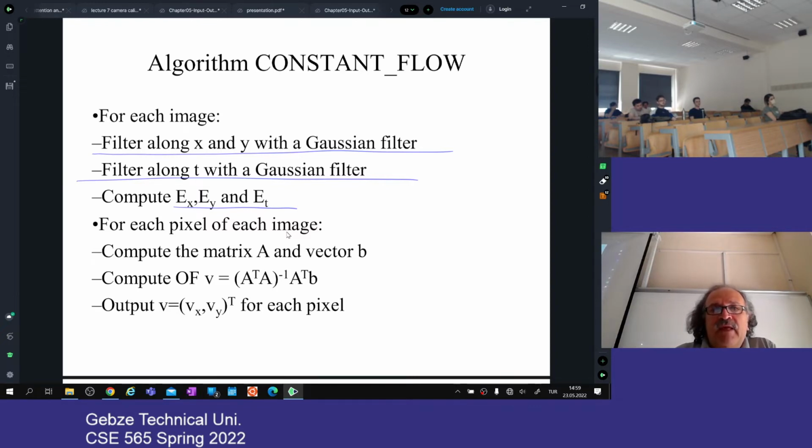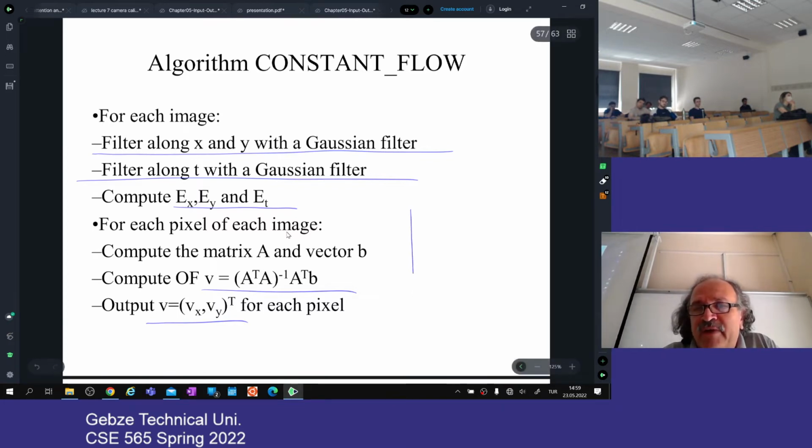Then for each pixel, around this 5 by 5 neighborhood, compute (A^T A)^-1 A^T b, if you can. If you can, then you get your optic flow vector. If you cannot, then you say that I can't do that.